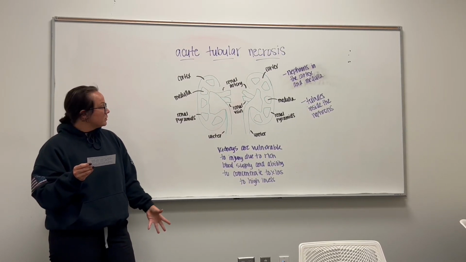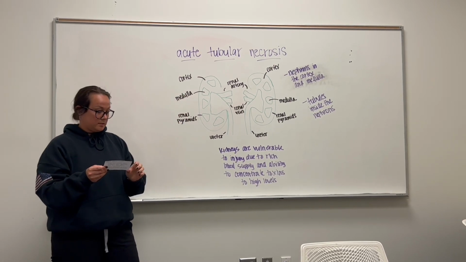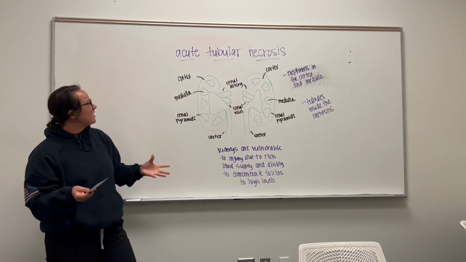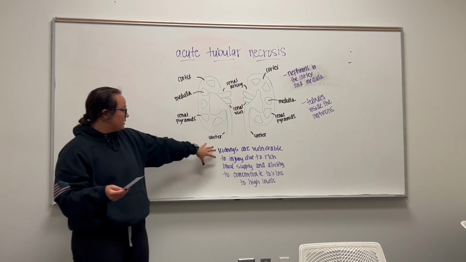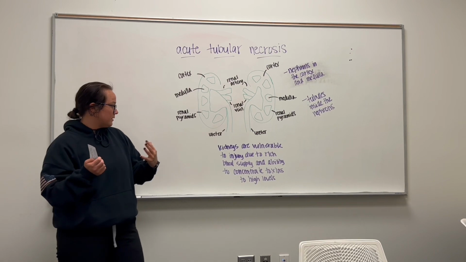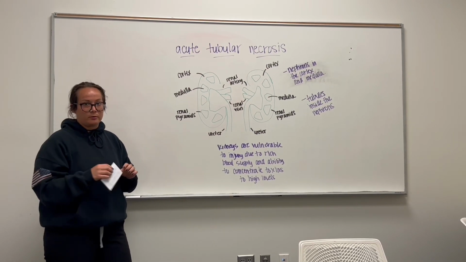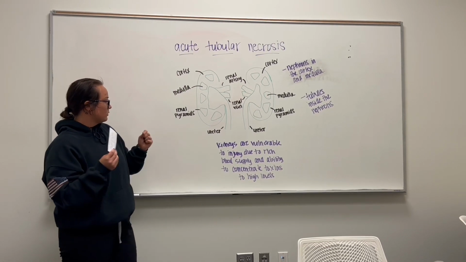And the tubules specifically help filter the blood when it passes through the kidneys. Due to the kidneys having a rich blood supply and their ability to concentrate toxins at high levels, that makes them extremely vulnerable to injury or illness.